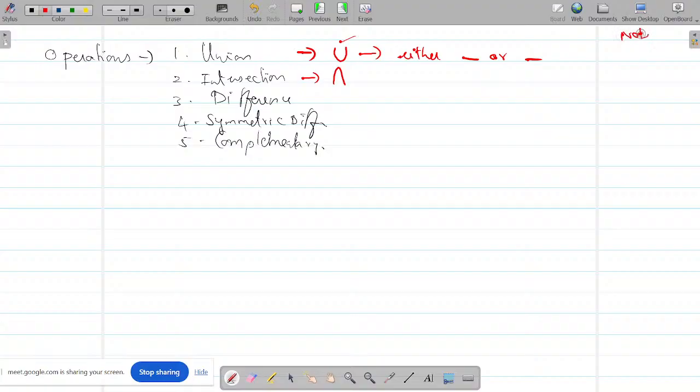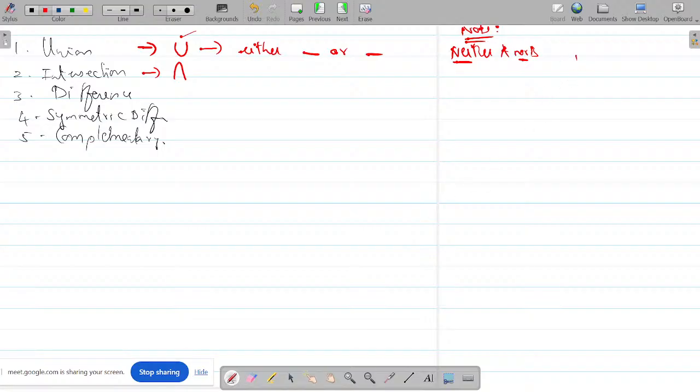Sometimes we'll be using neither A nor B, which means it should not be in A and also it should not be in B. If I draw the Venn diagram and go for the shading for A union B, what's the shading? Can you help me out? This one, right?